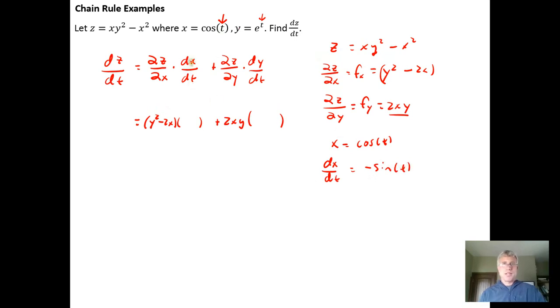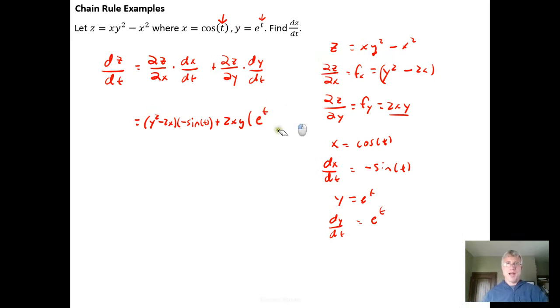So the dx dt goes right here. We get times minus the sine of t. And then we have y equaling e to the t. Then dy dt is just equal to e to the t, our favorite derivative to take.